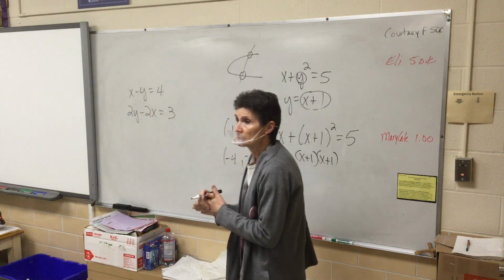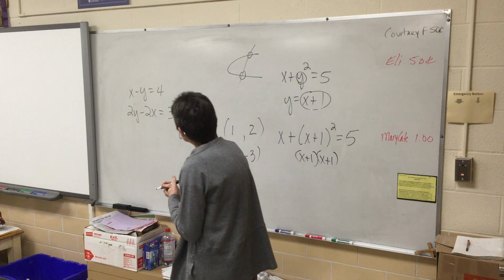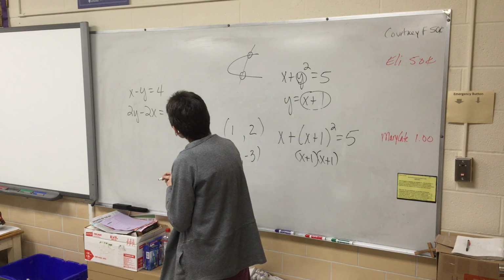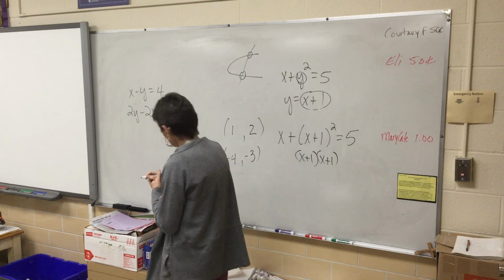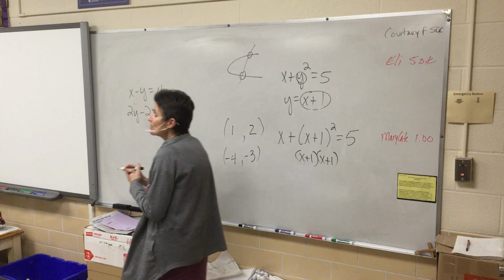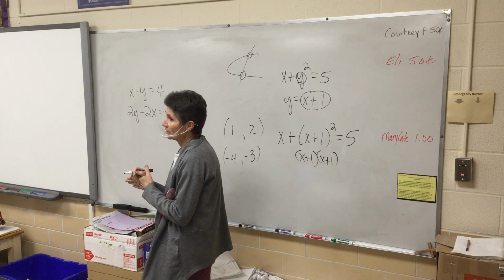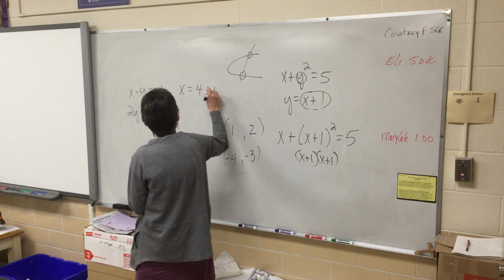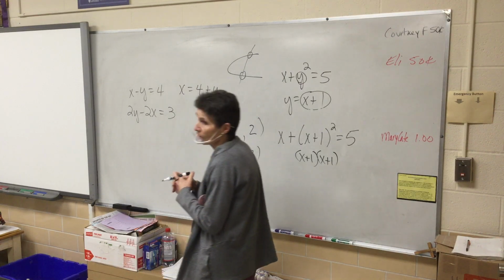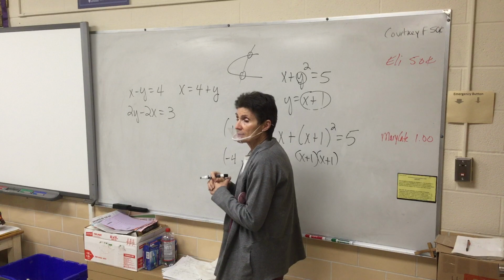You could do -y equals 4 minus x, right? But you could do x equals 4 plus y, which makes more sense. You could do the other, but then you have to deal with the negative. So it's just easier to add the 4 to the other side. So just say x equals 4 plus y. Does that make sense?